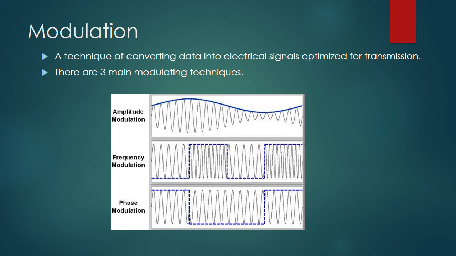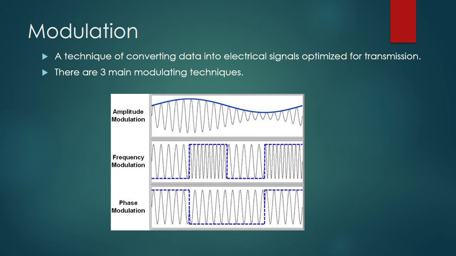The basic signal we call the carrier signal. So we modify some characteristics of that carrier signal. The carrier signal has amplitude, frequency, and phase, as you can see.